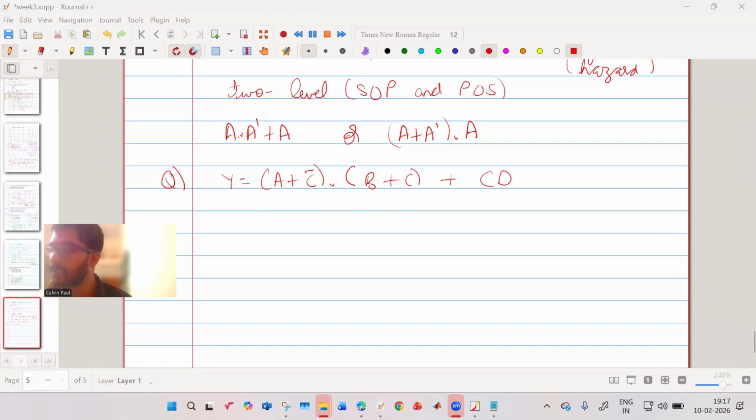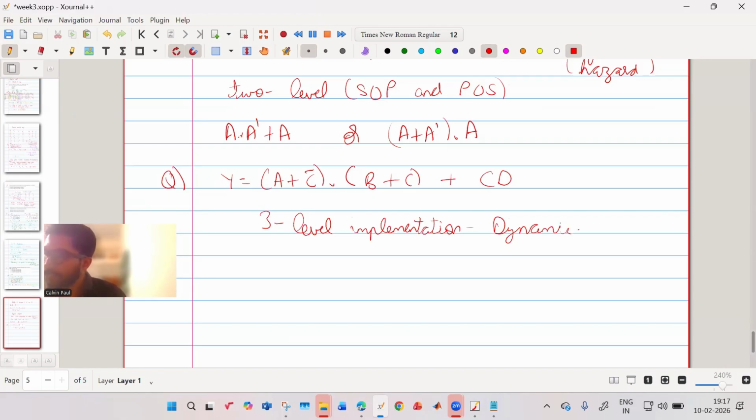So it is a three-level implementation, right? That means there is a possibility of having a dynamic hazard. That is one scenario. Next, if you want a static zero fault, then what should you have?